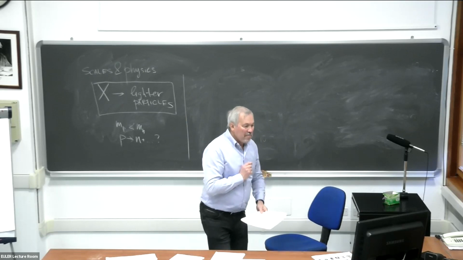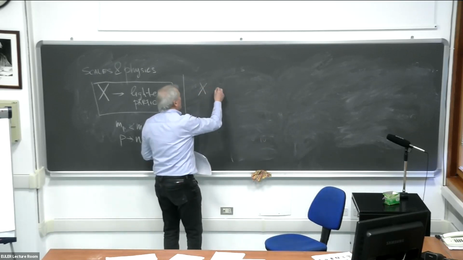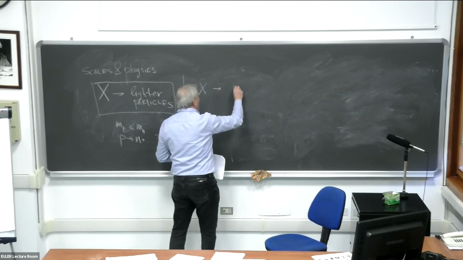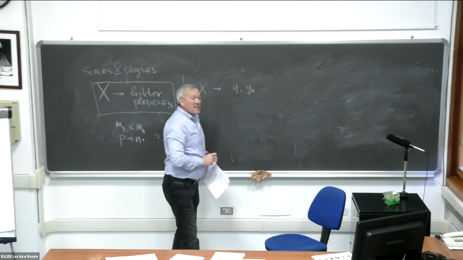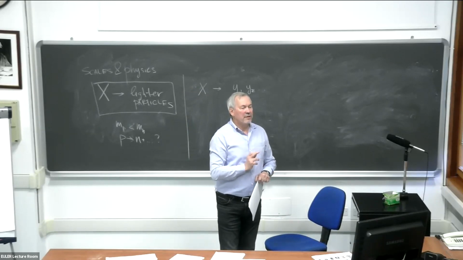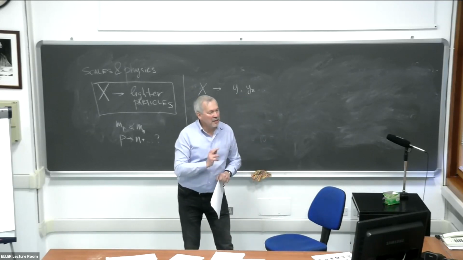Now, if you see some particle X, which in principle can decay into lighter particles, say Y1, Y2, etc., but it doesn't decay, then there should be a very serious reason why the decay doesn't occur. And usually this testifies to the existence of a certain symmetry and conservation number.